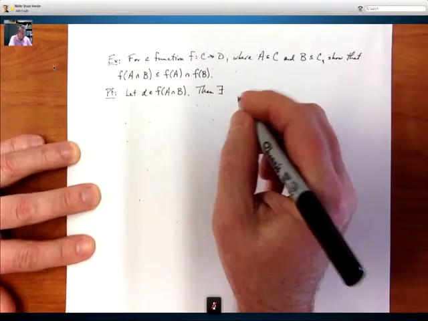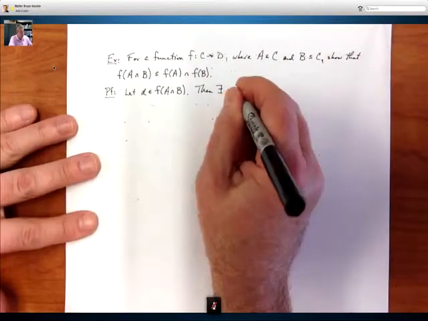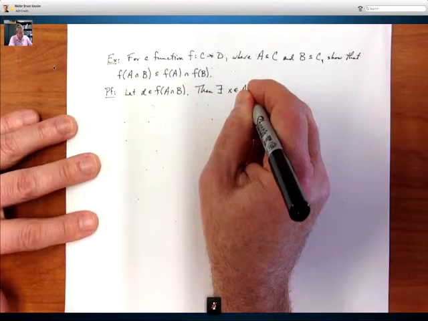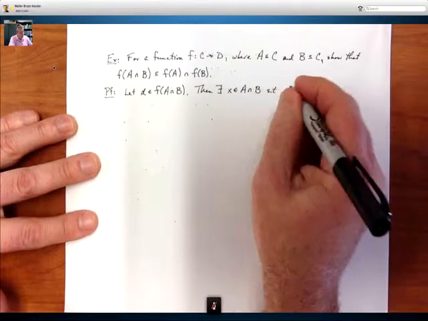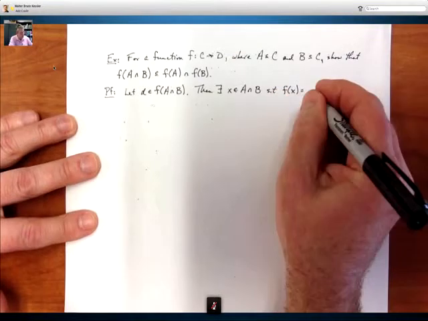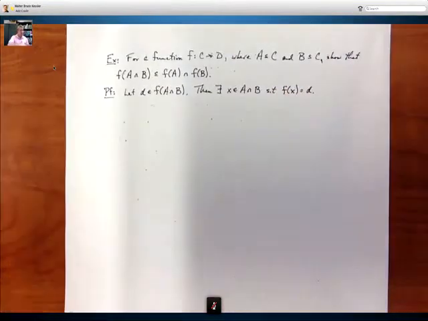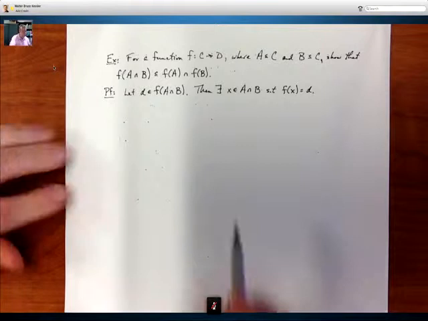So that means there exists, and I'm going to get away from A, B, C and D, how about x, in that intersection, such that f of that x gave me that d. d's in the image of A intersect B, so there's got to be something in A intersect B so that when I apply the function, I get d.